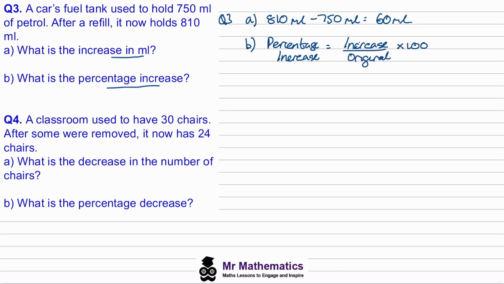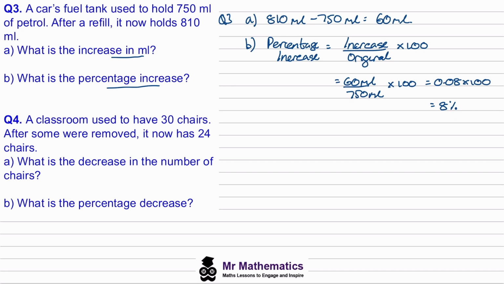So we've just worked out the increase is 60 millilitres, and we're told in the question that the original is 750 millilitres. And when we divide 60 by 750, we get 0.08. We'll multiply this by 100, and we get 8%. So the amount of fuel in the tank has increased by this 8% here.